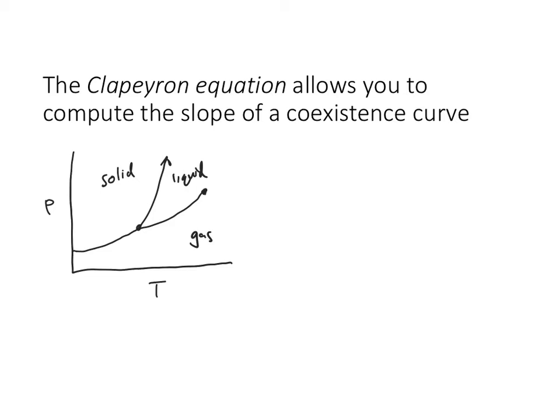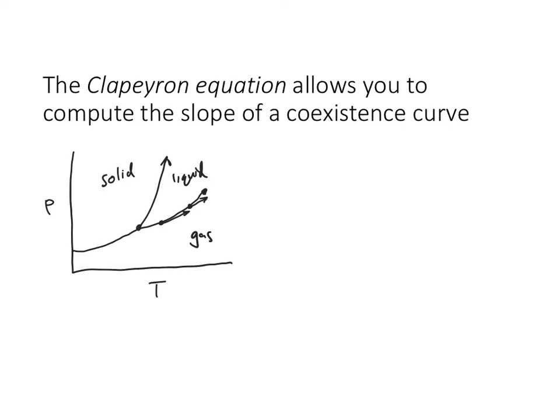Maybe you've wondered, what's the function that describes these particular coexistence curves? Well, today is your lucky day because that's what you get to find out next. Or more specifically, what's going to be the slope at particular points along these coexistence curves. That's what the Clapeyron equation is going to tell us.